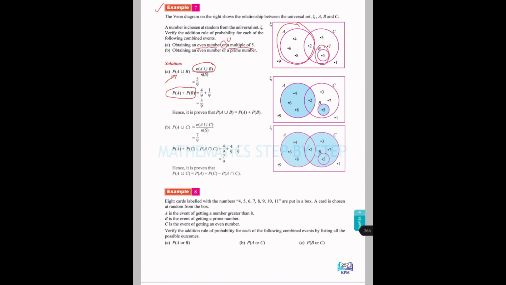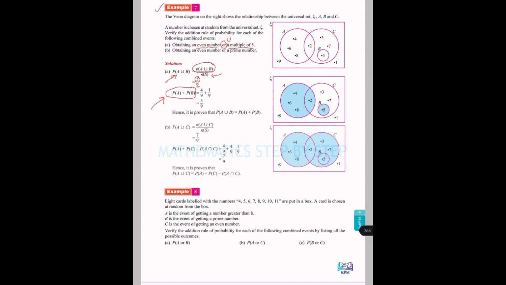We can see there are 5 elements. The number of elements in the sample space is 1, 2, 3, 4, 5, 6, 7, 8, 9. 9 of them.